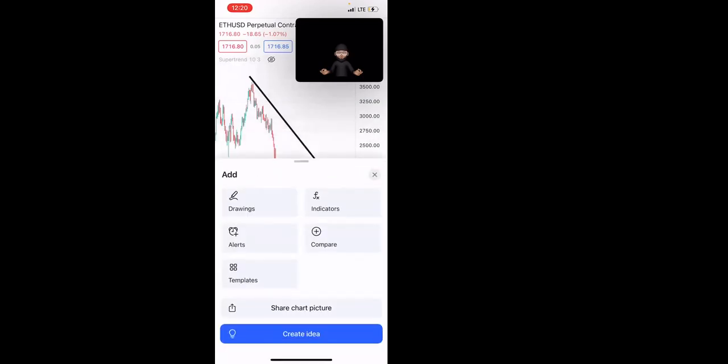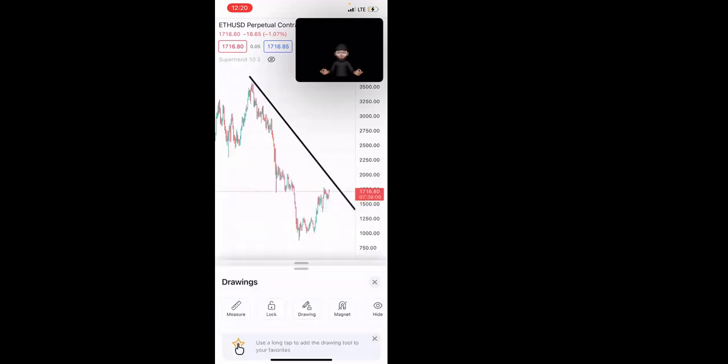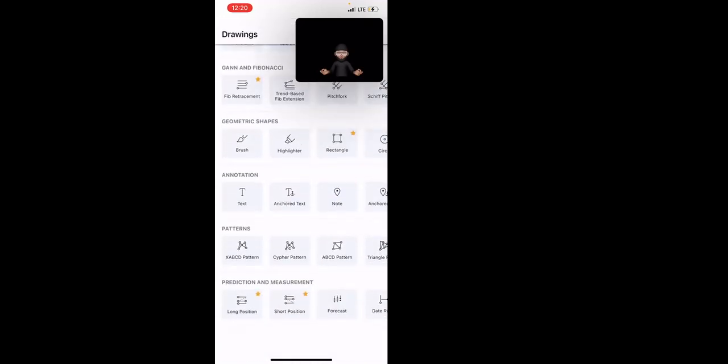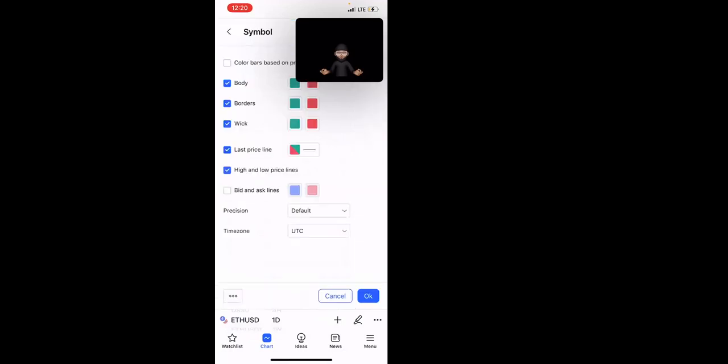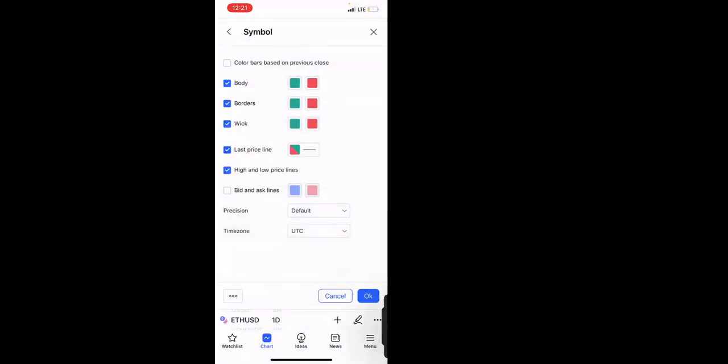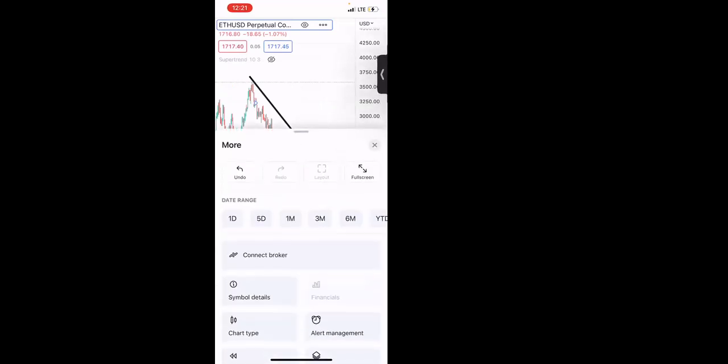Hold on, let me see. Indicators, alert, drawing. I need to change this to lines. Perfect. I stopped sharing screen? No?